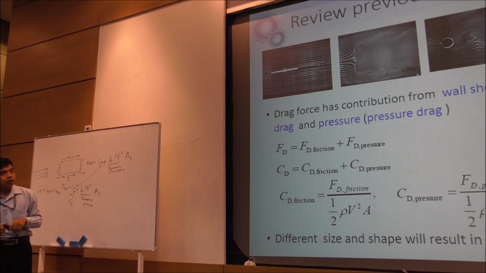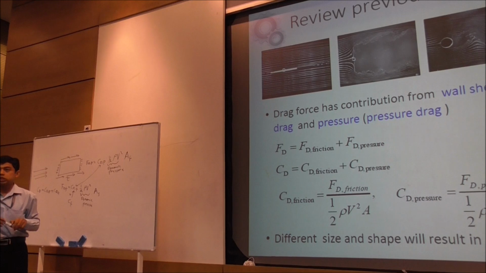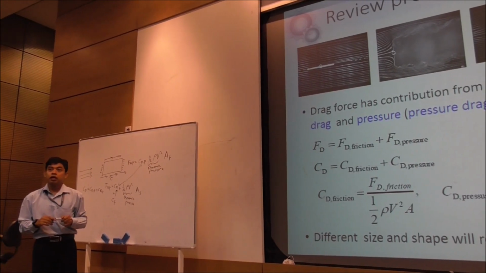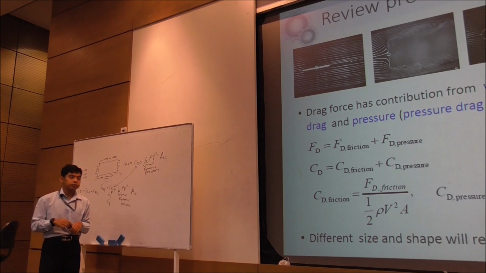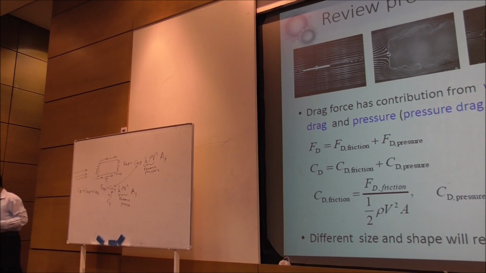If you are a frequent traveler and you take a Boeing 787, the aircraft is made mostly from polymer. Even the wing is not metal, right? The wing is made from polymer. So that's why you get all those shapes.